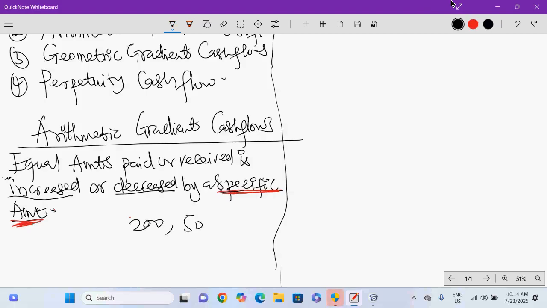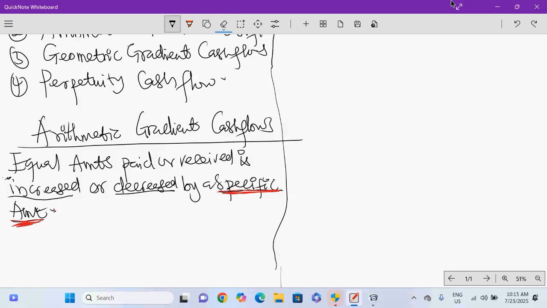Any amount you can mention, 500, 5,000, 5 billion, every amount is a specific amount. Unlike a percentage, the percentage would go for the geometric, where it increases or decreases by a rate or a percentage. But if it increases or decreases by a specific amount, then that is arithmetic gradient.